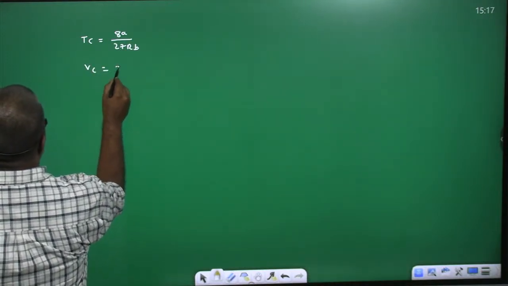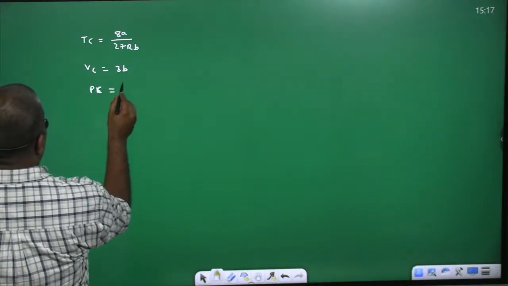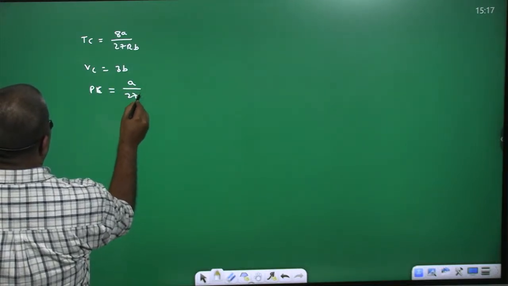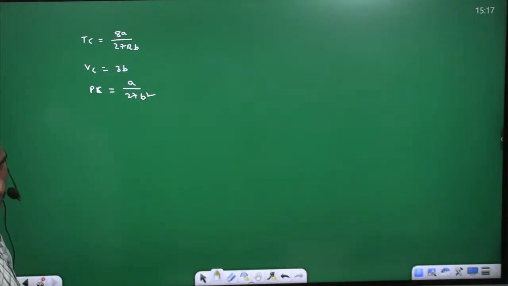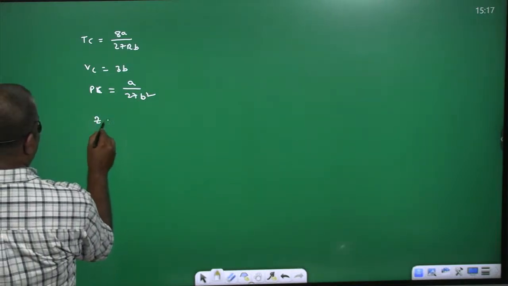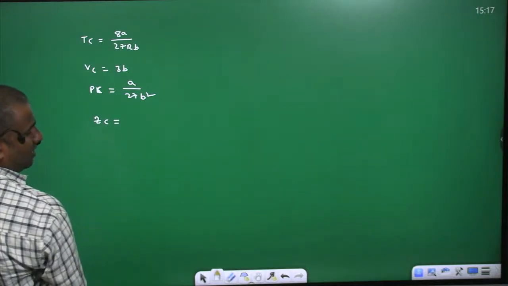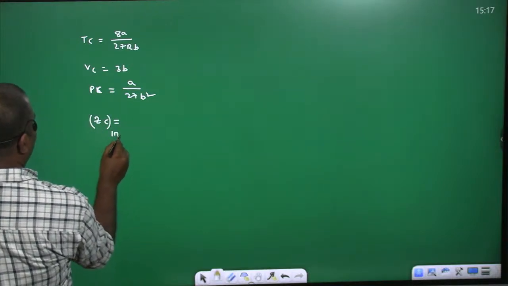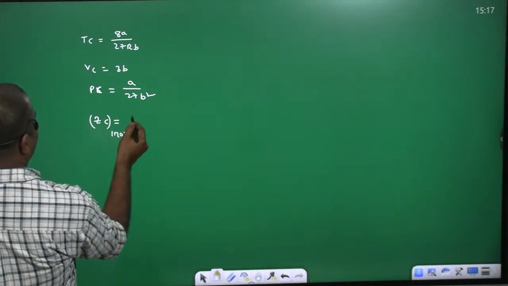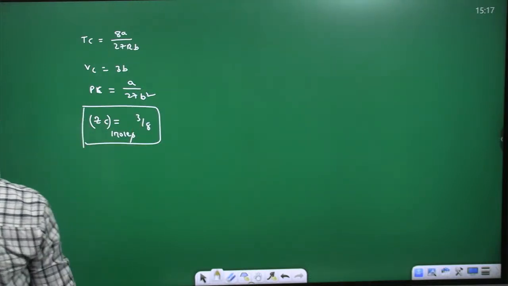VC, critical volume, equals 3B. PC, critical pressure, equals A by 27B square. Z under critical conditions equals PC VC by RTC, or nRTC. ZC for 1 mole is 3 by 8. This is the value of ZC.